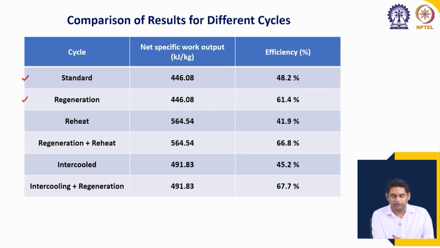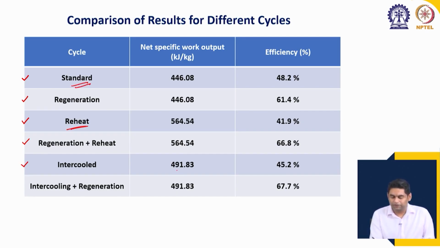If I compare the work output, regeneration of course will not change it. Reheat was used for increasing the work output, and it significantly increased. So, this became 564.54, and of course, the same will be the value for regeneration plus reheat. Now, when intercooling was added, the value is in between that of the reheat cycle and the standard cycle.